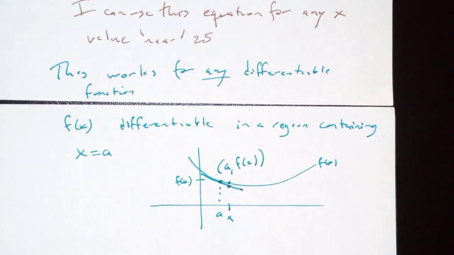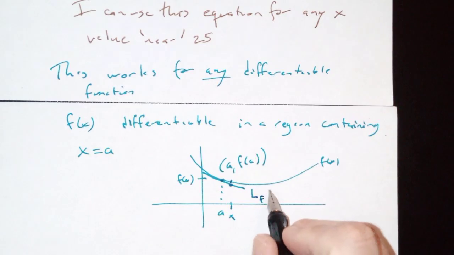Instead of getting the dot for f of x, I'm going to get the dot on the line. I'm going to give this line a name. I'm going to call this L sub f of x, the line for f.